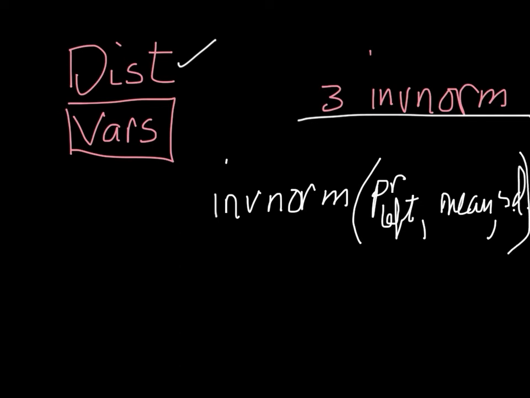So there are only 3 things you have to remember. If you give it the probability to the left, it'll give you the z-score for that probability to the left. So it works just like your table does. This is really important for the inverse normal statement. It's basically doing things backwards: give it the probability, it'll give you a z-score.